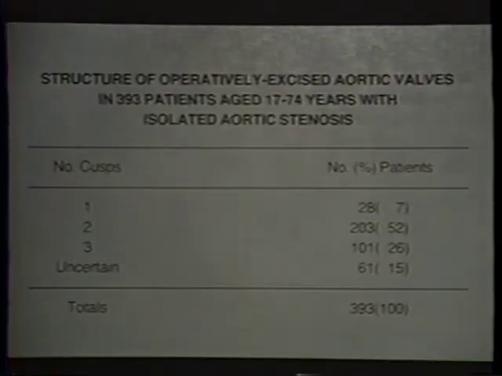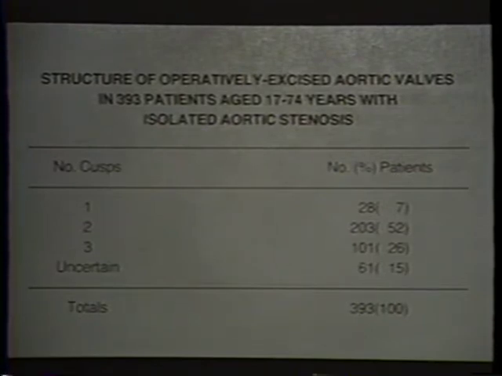This slide examines the structure of operatively excised aortic valves in nearly 400 patients aged 17 to 74 with isolated aortic stenosis. What I mean by that is normal mitral valve function. Anyone, again, with stenosis may have regurgitation. They usually do, except for the older age group. And this shows about the same as necropsy figures.